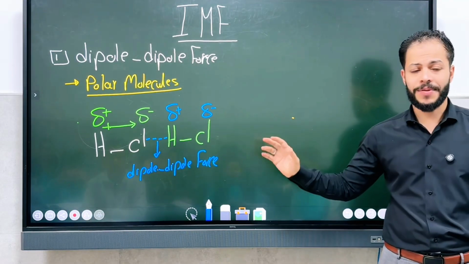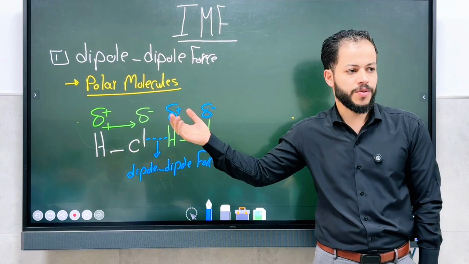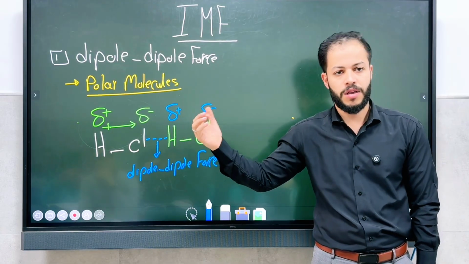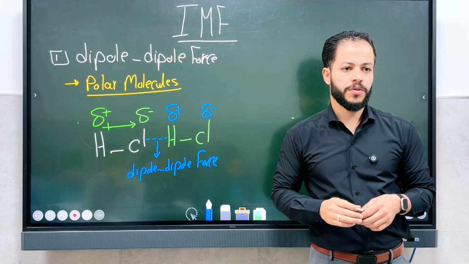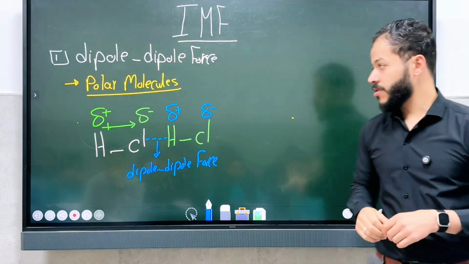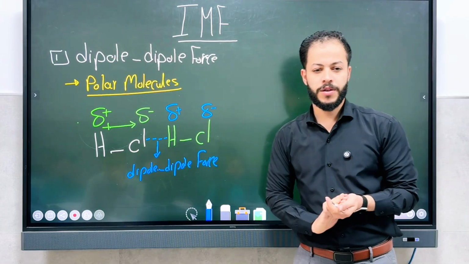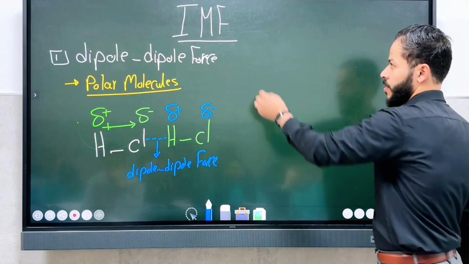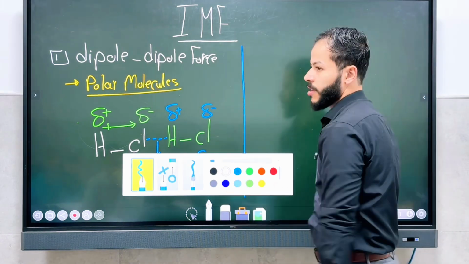The second type, guys, is actually a type of dipole force, but in some resources they count it separately. It's called the hydrogen bond. The what? The hydrogen bond. Do you understand the dipole first? Okay. My question here: why does this affect the boiling point?